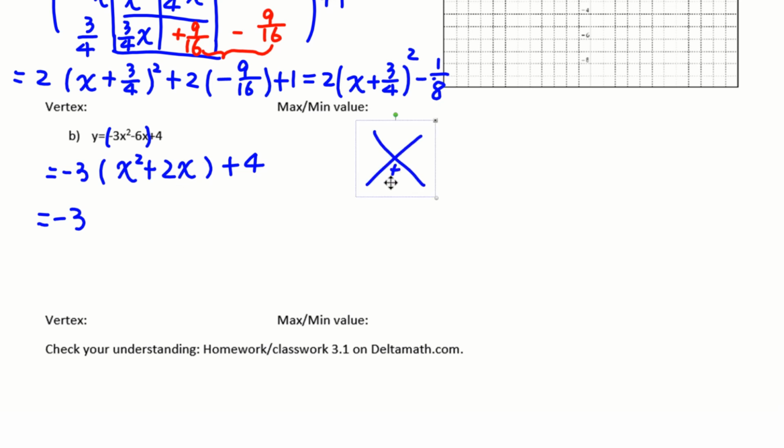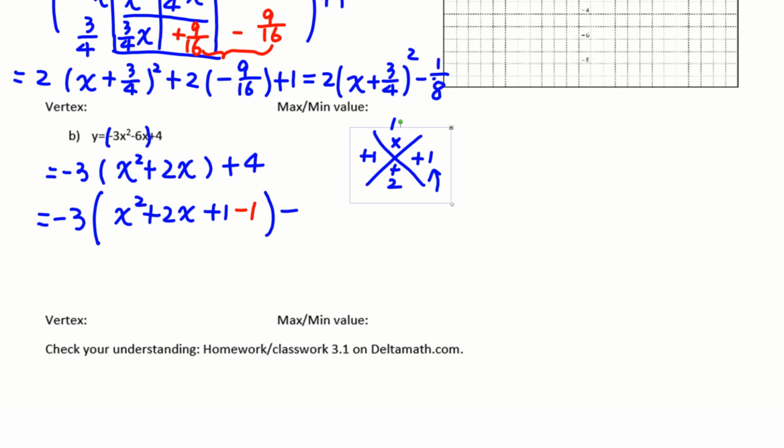So b together is 2, then split it into half, then times together, it gives you positive 1. So in the bracket we have x squared plus 2x. Then the last term needs to be positive 1. Then minus 1, so it equals 0.